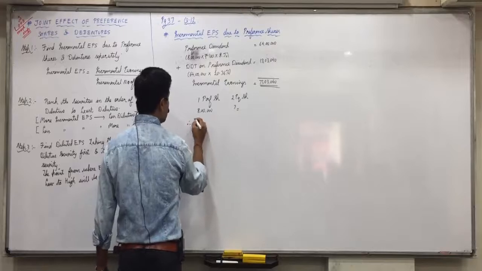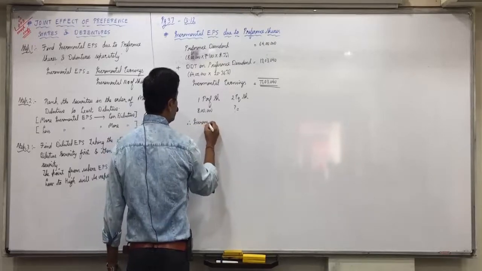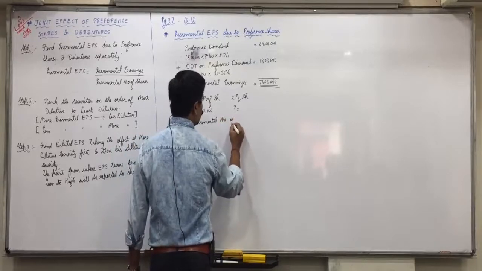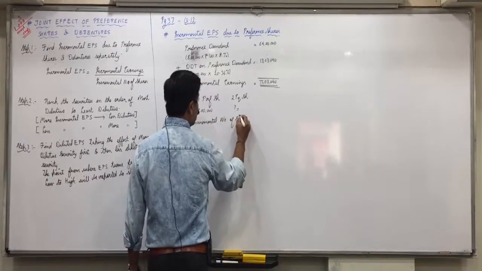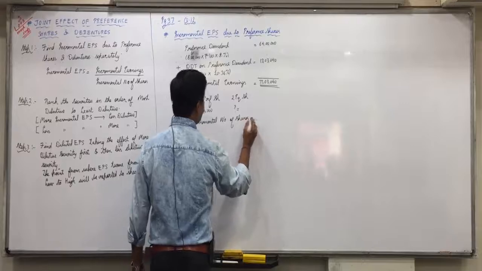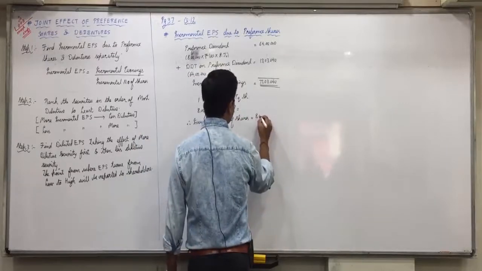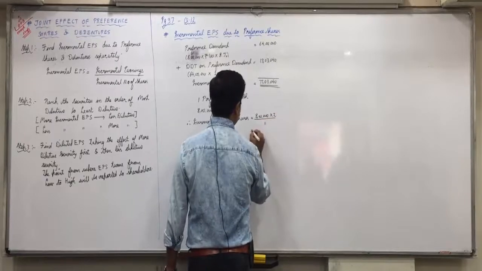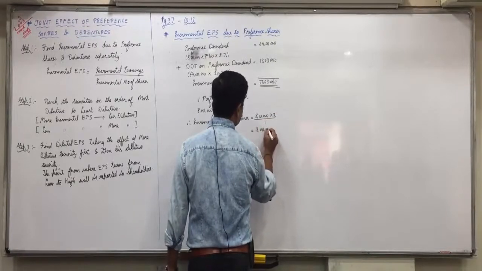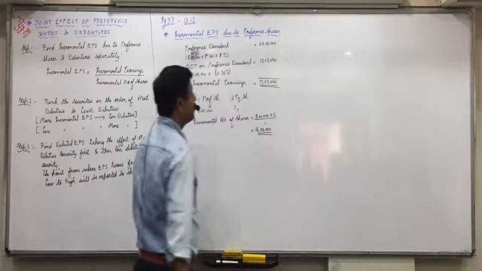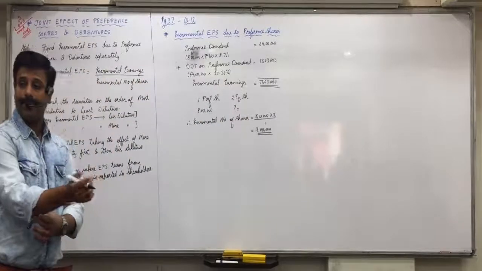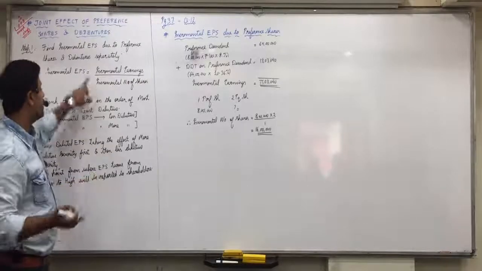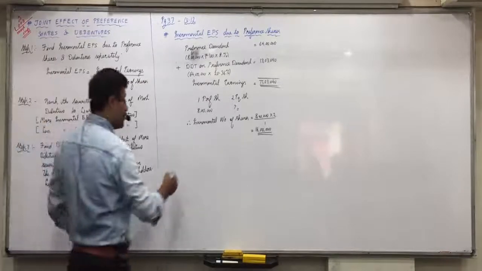Means incremental number of shares are 8 lakhs into 2 by 1, 16 lakhs. Any confusion in this?